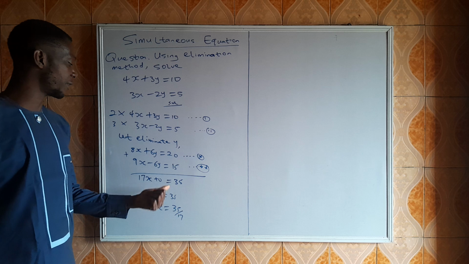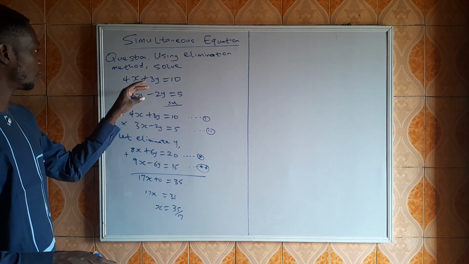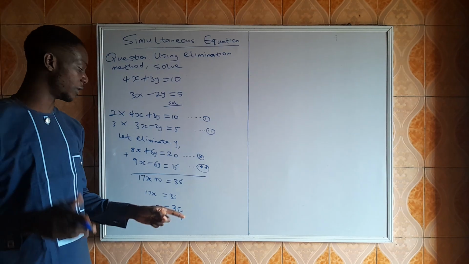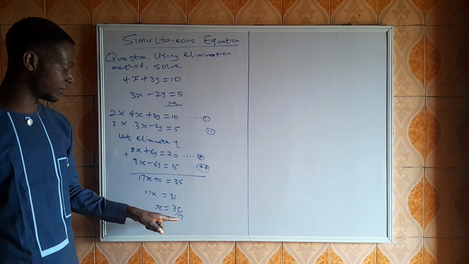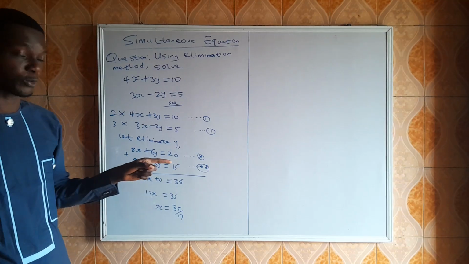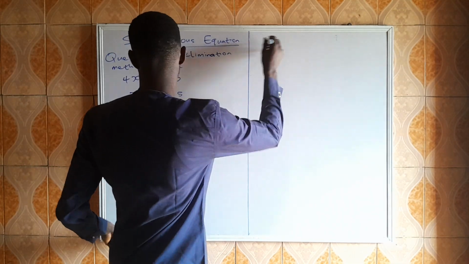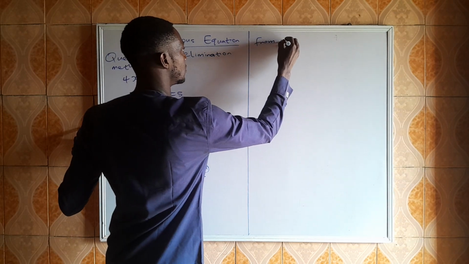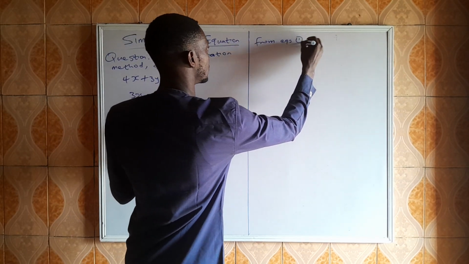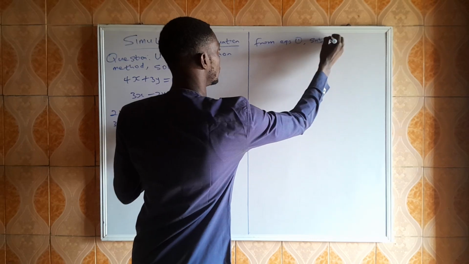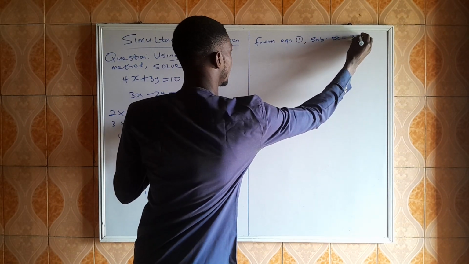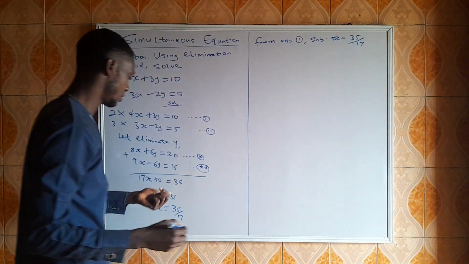Now, to get the value of y, you come back to any of the two equations, equation 1 or equation 2, and substitute the value of s, which is 35 divided by 17. So from equation 1, substitute s equals 35 divided by 17.